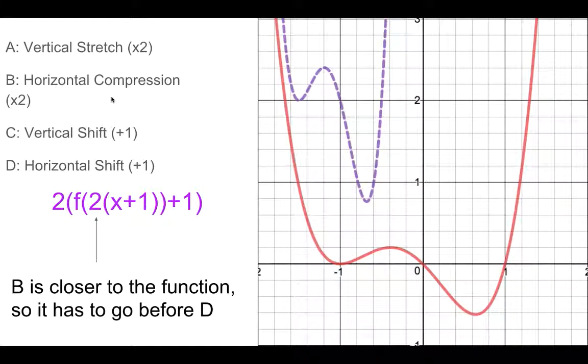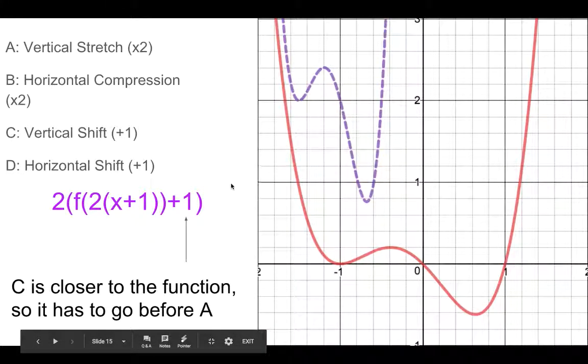So you horizontally compress before you shift. All right. And likewise, the +1 is happening before you're multiplying by 2. It's closer to the function. So your vertical shift needs to happen before your stretch.